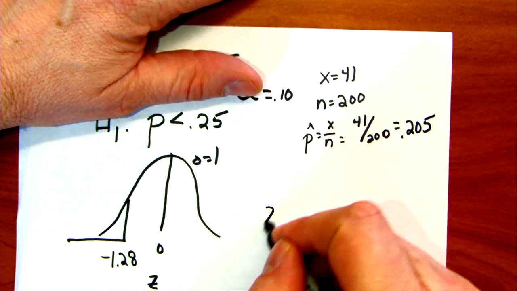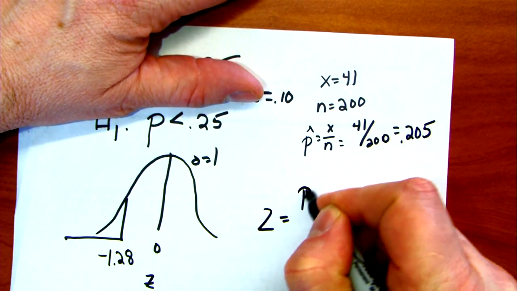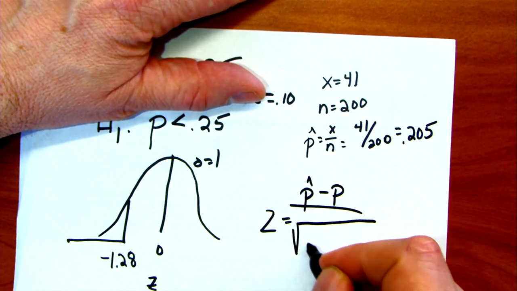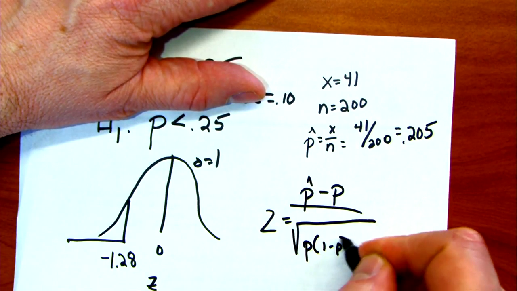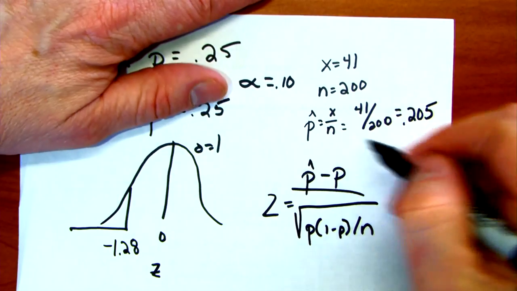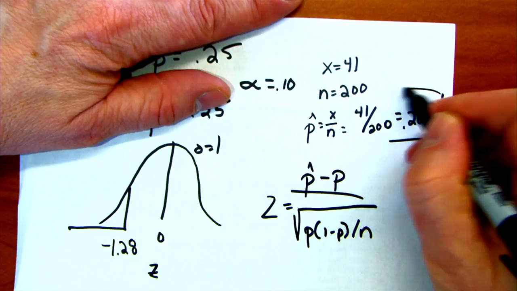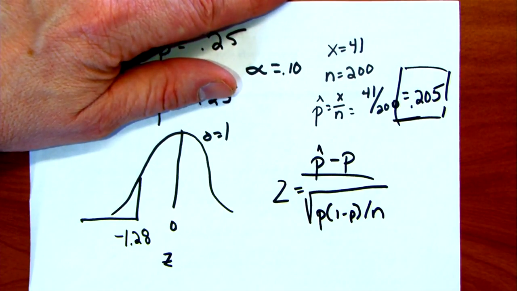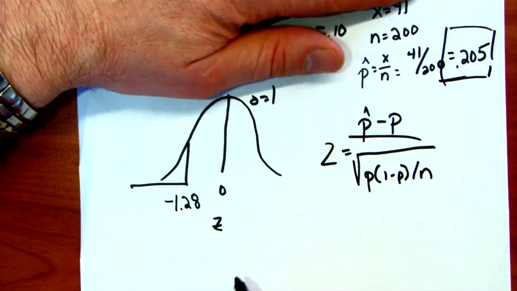I gave you a formula that converts p hats to z values. And this is the formula. So I'm going to take that p hat value, that's my evidence in terms of p world, and I'm going to convert it into a z value to see if it's in there.